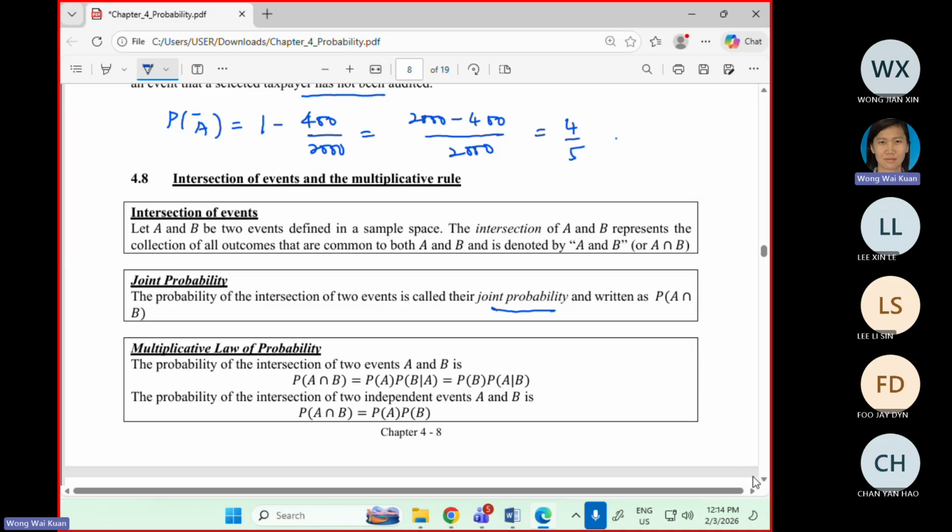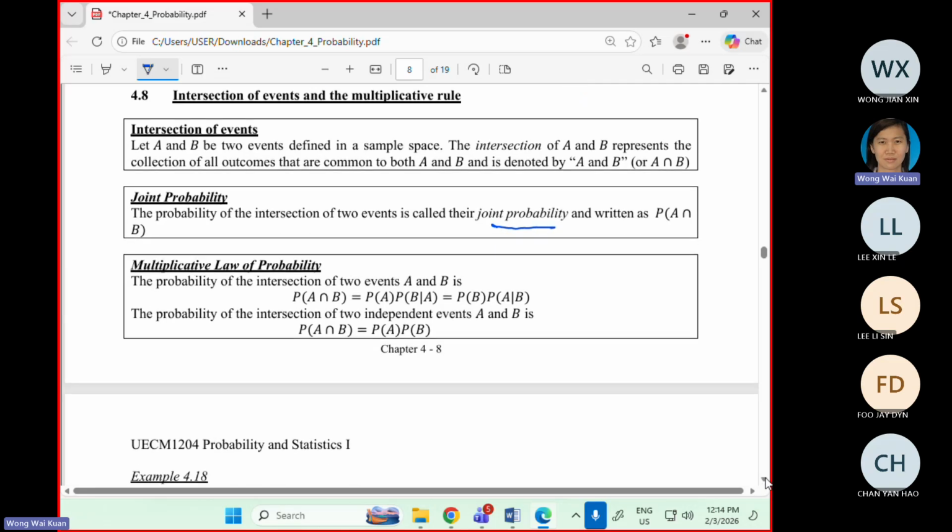Just now we found the formula for A given B, right? But in fact, you need to remember only one of these. It can also be written that way.